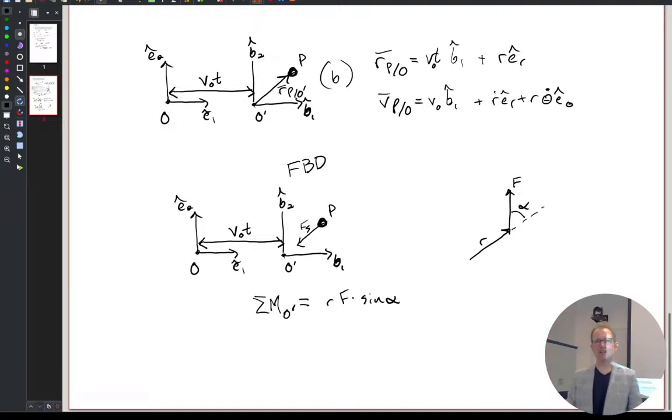Something like that. If you have a position with a force applied to it, it's the magnitude of where it is times the magnitude of the force times the sine of the angle between them. Is that what you were remembering? Something like that?